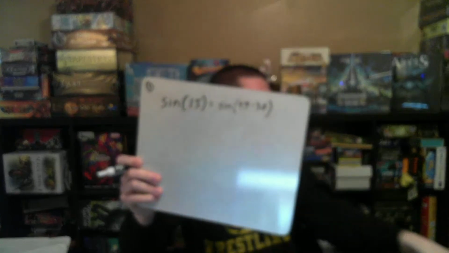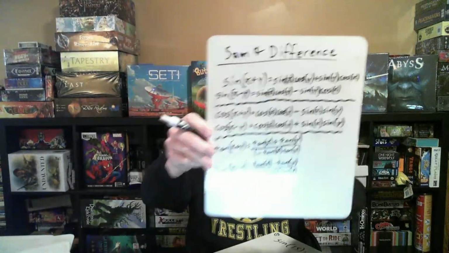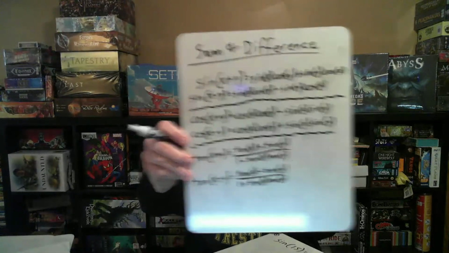Because then if we do that, we can then use our difference formula that we have right there. And we can set this up as sine of 45 times cosine of 30 minus sine of 30 times cosine of 45.